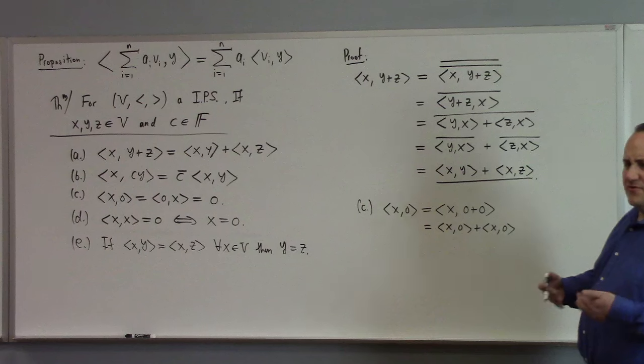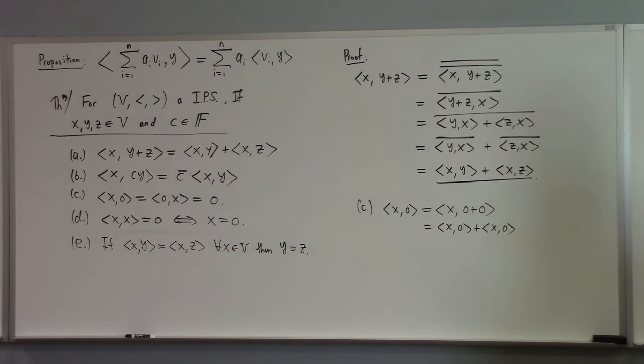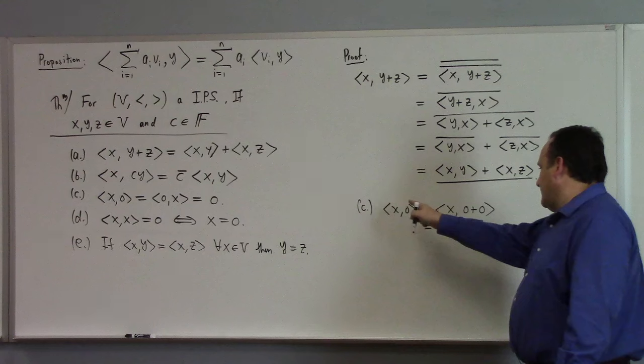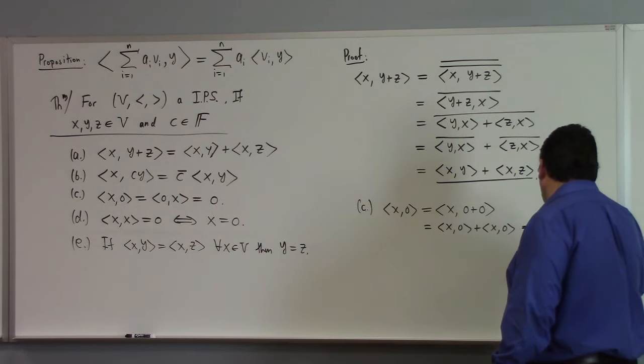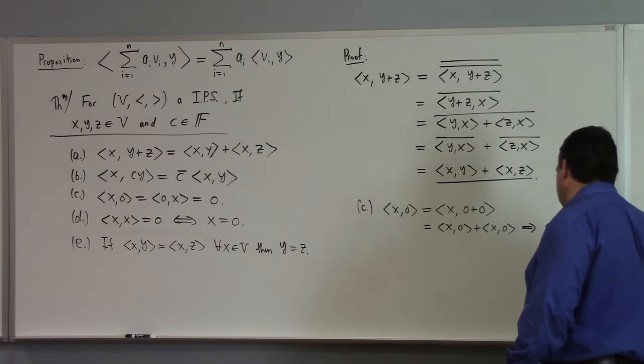This is pretty much the standard trick we always do to prove stuff is 0 in linear algebra. This is the same thing we do to prove that 0 maps to 0 for a linear transformation: T of 0 is T of 0 plus 0, so it's T of 0 plus T of 0, therefore T of 0 is 0, yay! Anyway, so that's equal to that, therefore x comma 0 is equal to 0.